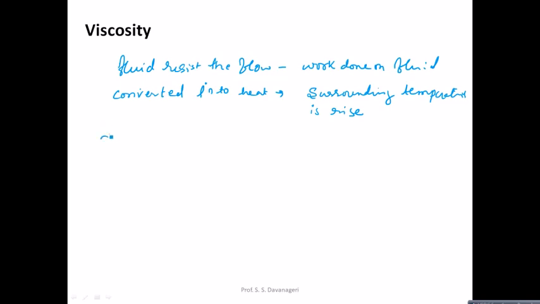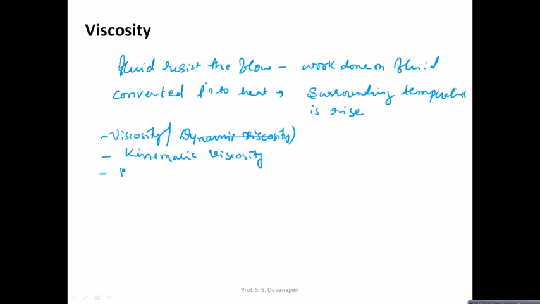Now as you've seen, you're going to get different types of viscosity. That is absolute viscosity and dynamic viscosity, and both are the same here. And the other two types are kinematic viscosity and relative viscosity.